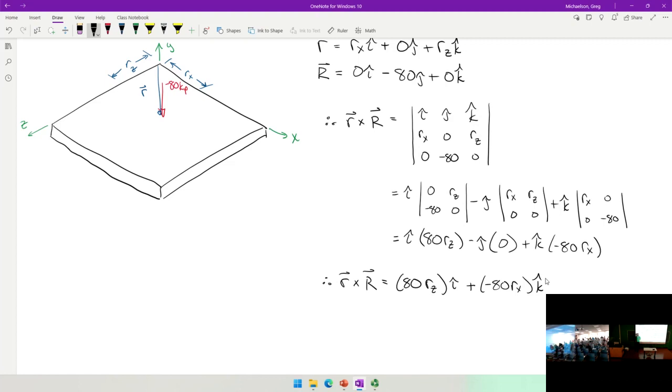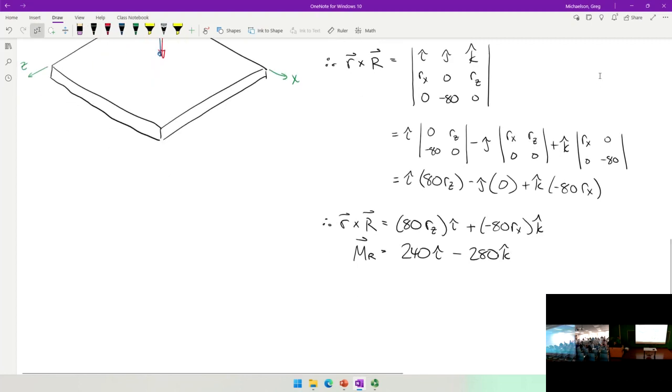But what must that moment equal? Well, I propose that moment must equal the moment in the system. And we already determined the moment in the system. That was 240i minus 280k. Didn't we already do that?